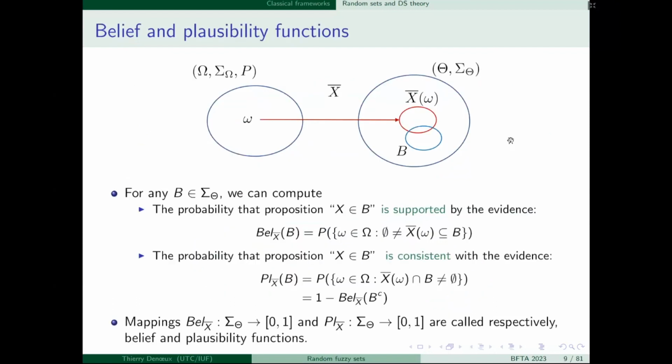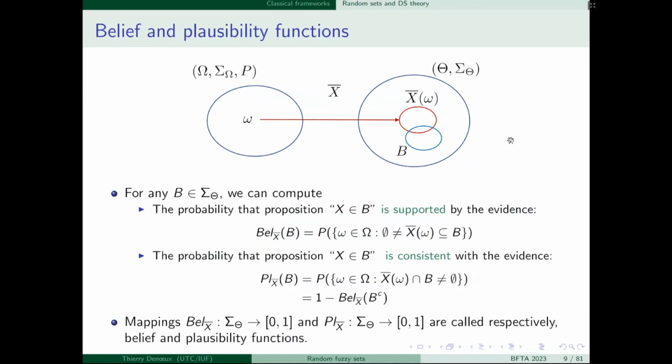Then a random set defines belief and probability functions. For any event B in theta, we can compute the probability that the proposition x belongs to B is supported by the evidence.